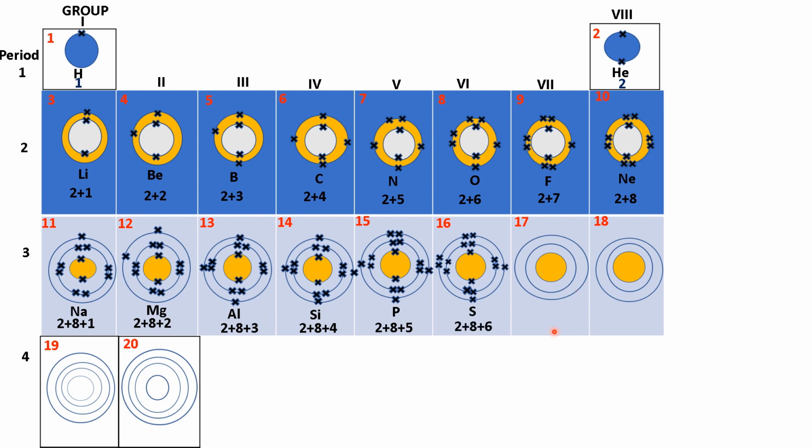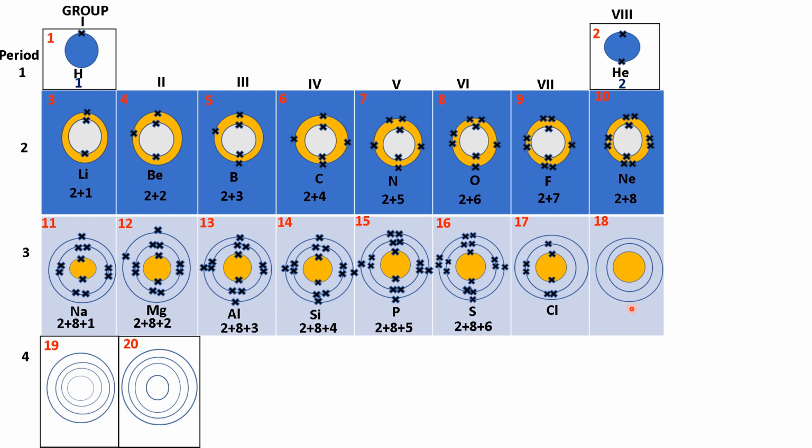The distribution of electrons is 2 plus 8 plus 7. In the outer shell we have 7 electrons, which are called valency electrons. According to these 7 electrons, we know the number of group. Group number 7, chlorine atom is present in group number 7. And we have 3 shells, so chlorine atom is present in period number 3.